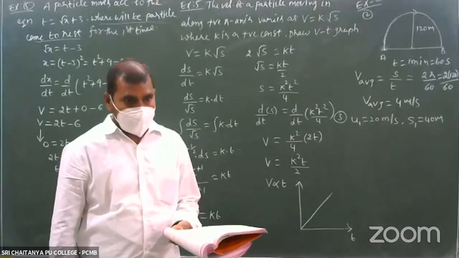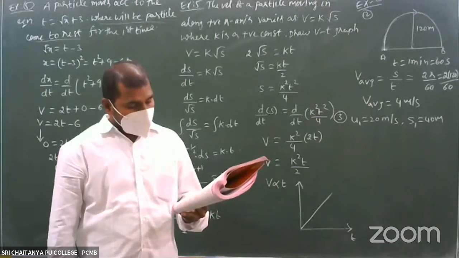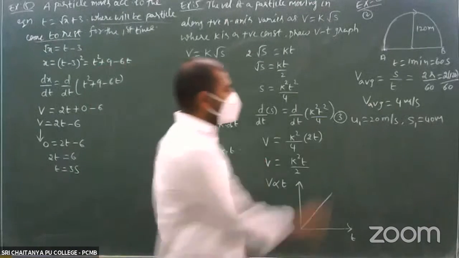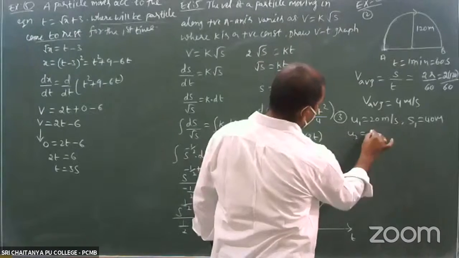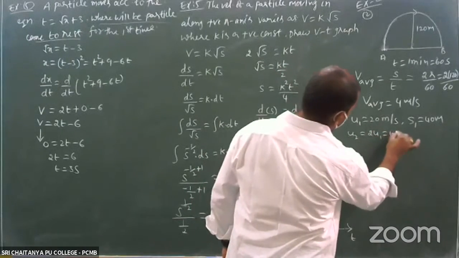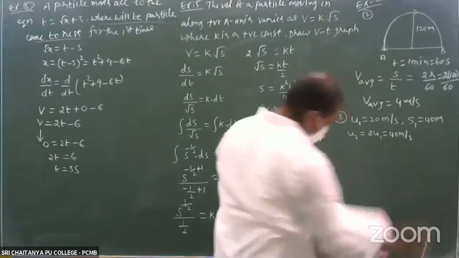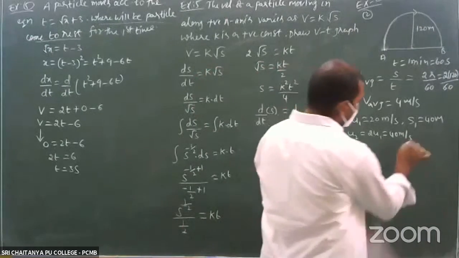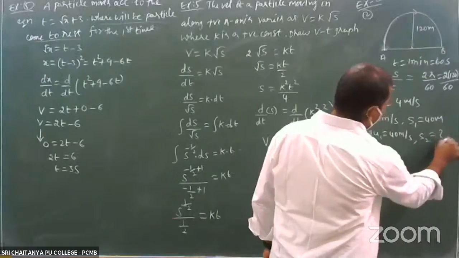Next, if the same car is traveling at double the velocity, u2 is equal to 2u1, that is 40 meters per second, the distance traveled by it for the same retardation, s2, is equal to question mark.